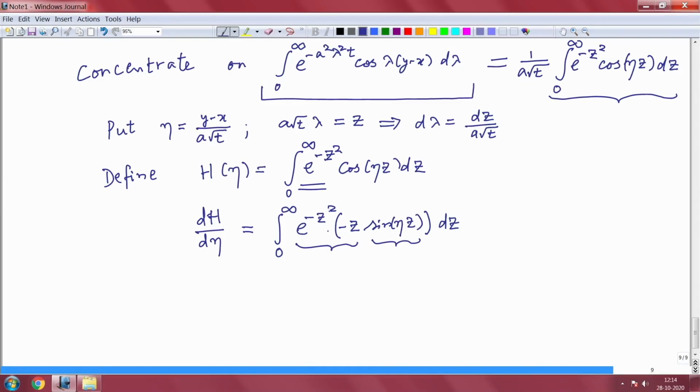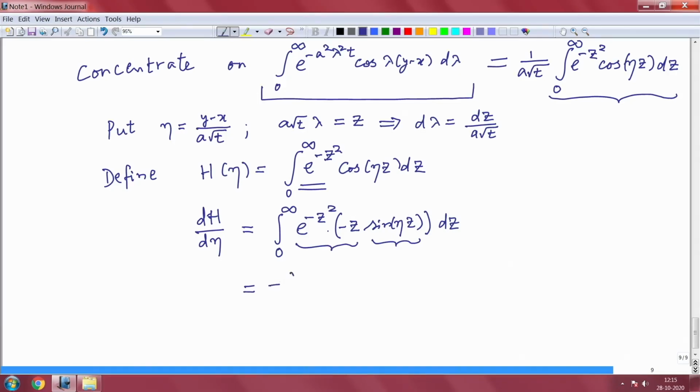So it is again e to the minus z square. You do that, and what you get is, once you differentiate this sin eta z, we are going to get an eta there.